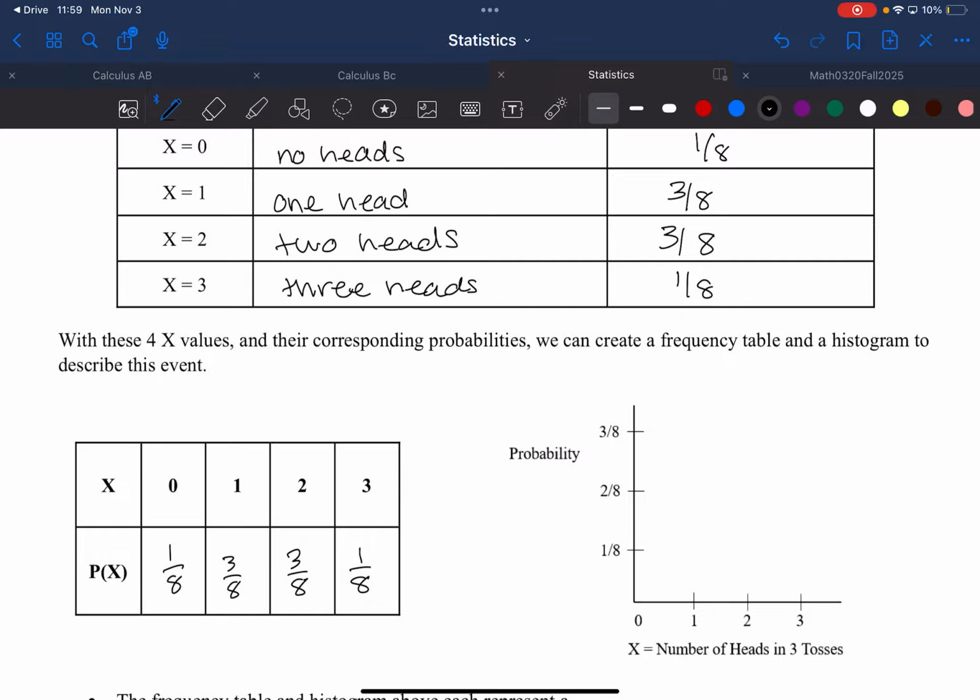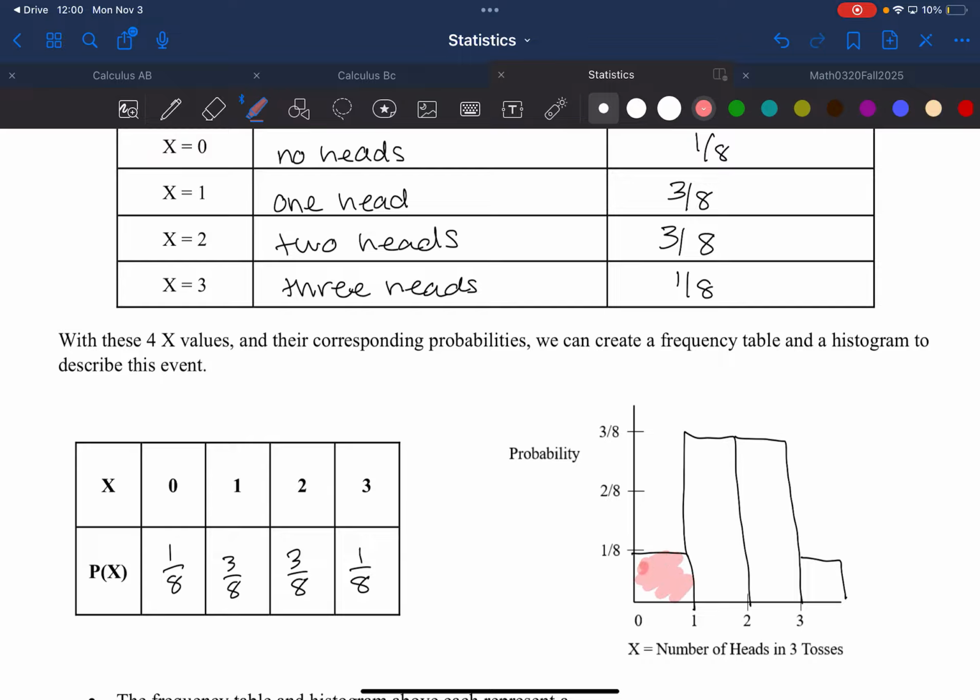Touch, right? If they don't touch, what is that called? A bar graph. So they do touch. So from 0 to 1, we know that is 1/8. From 1 to 2 is 3/8. For x equal to 2 is also 3/8. And for x equal to 3, that is 1/8. Okay, notice that all our bars, or our bins, remember we call them bins, are touching. And of course, this would all be colored in.